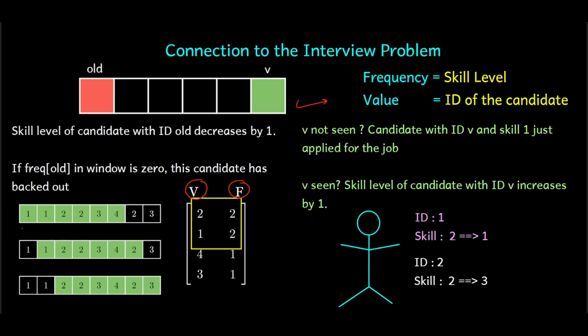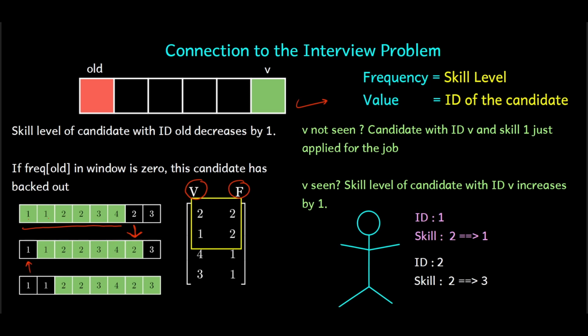That is, if you have computed the answer for this subarray, then you can think about what happens to your answer when this element enters the window and this element leaves the window. So we can already see the first connection to the interview problem, because it has something to do with a new candidate applying to the pool and an old candidate leaving. But it is not as simple as that.